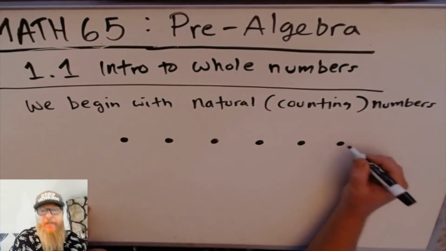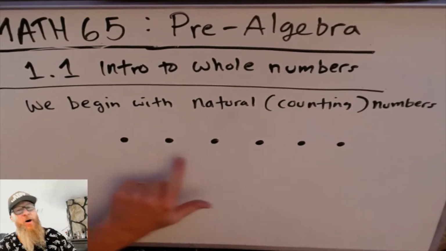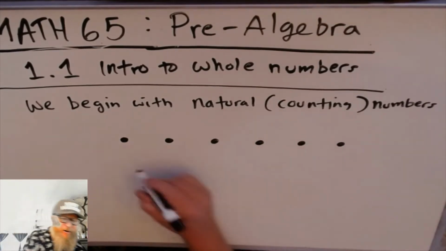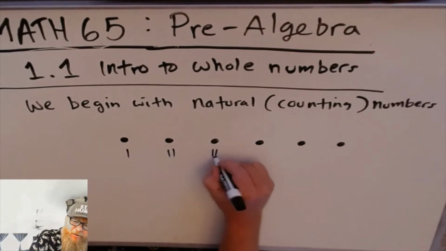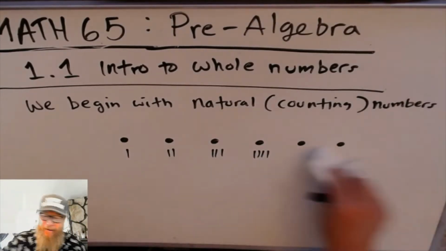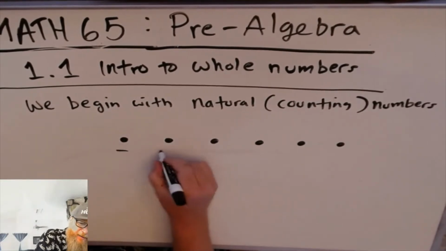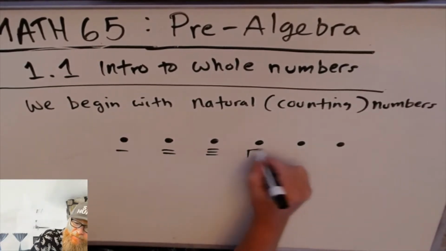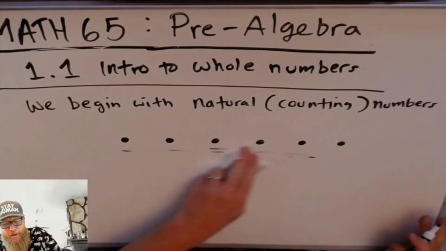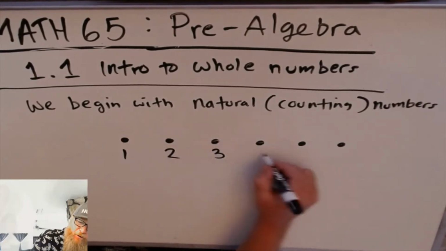Human beings all around the world, no matter where they were from, all basically came up with the same basic idea. The symbols might have been different, 1, 2, 3, 4, etc. You might have some more complicated ways of writing them, and some cultures write it like this. There's other ways of writing out the numbers. We use the Hindu-Arabic number system, which is typically used all around the world at this point.